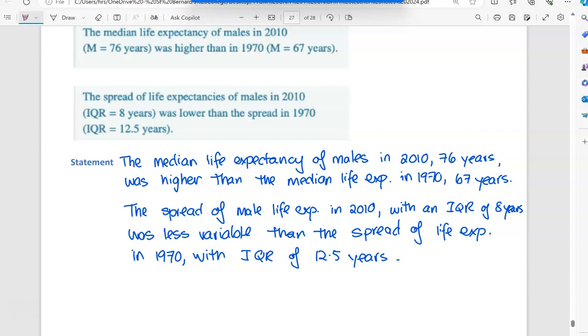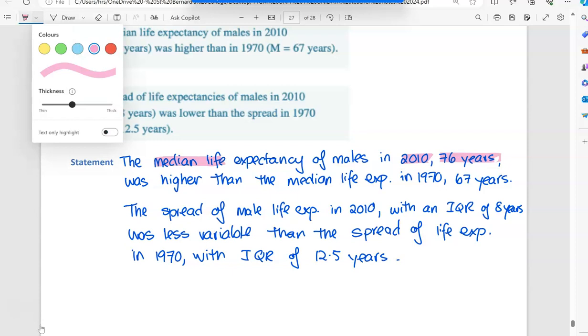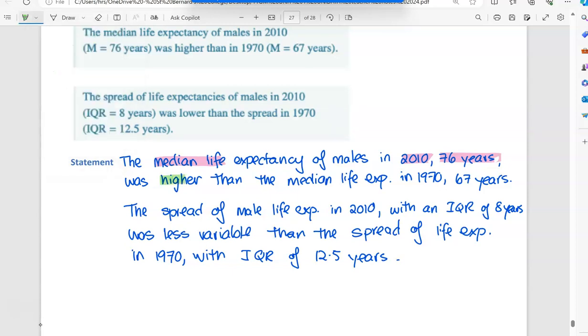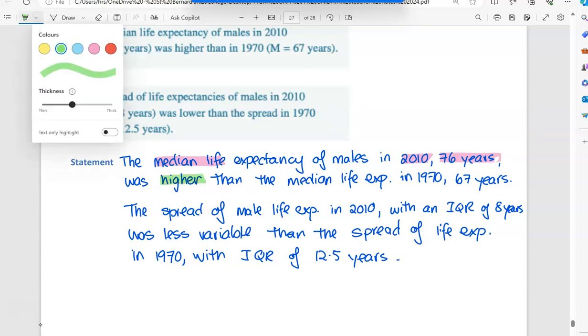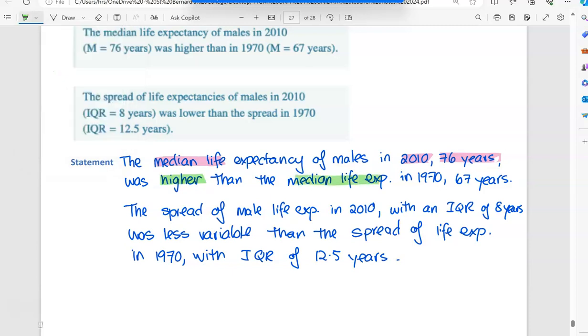So we're going to highlight here: the median life expectancy of males in 2010 was 76. Here you can see in 2010, this is me doing the stats, was higher. Now, higher is the comparing word. So it was higher than the median life expectancy of 1970 with 76 years.